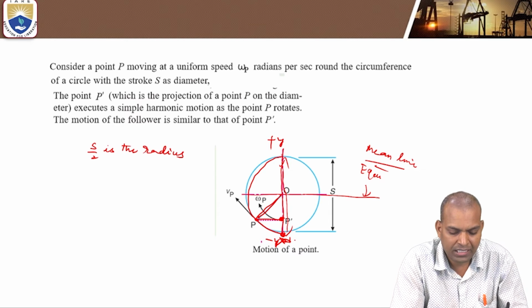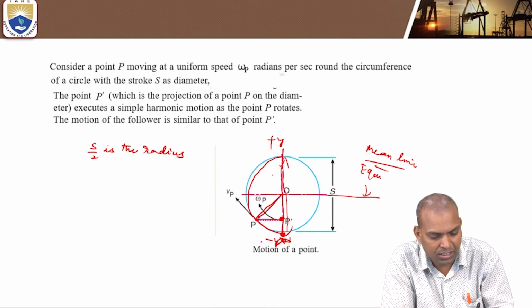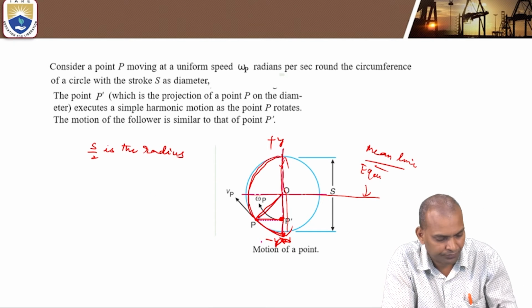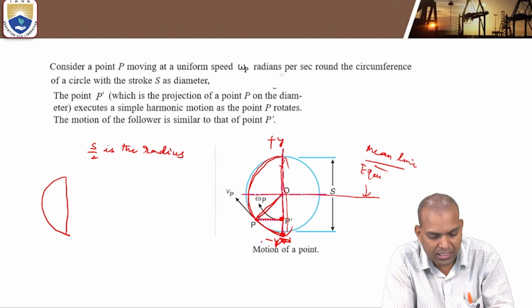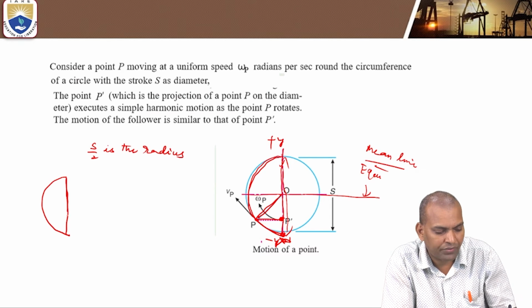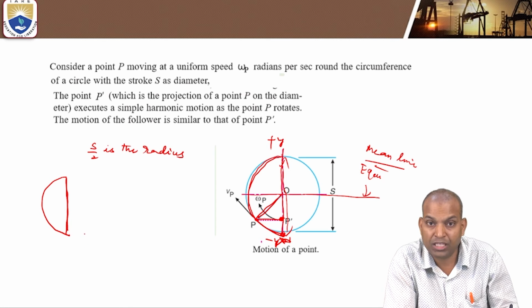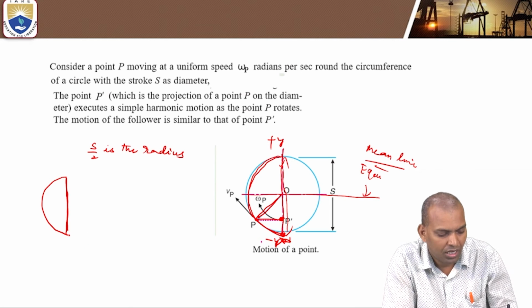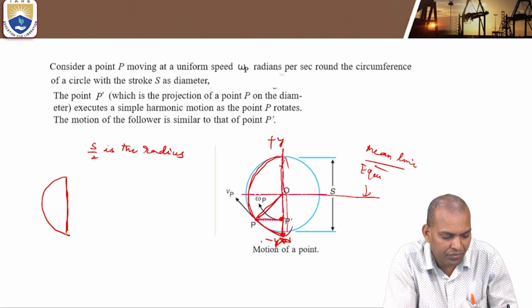So I am considering this up portion. What is this length? The length is called the stroke of the follower on the y-axis, and this semicircle has S by 2 radius.